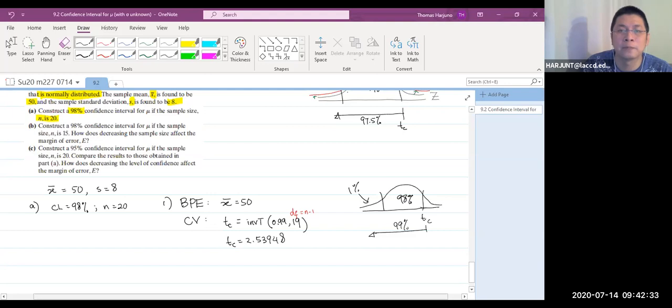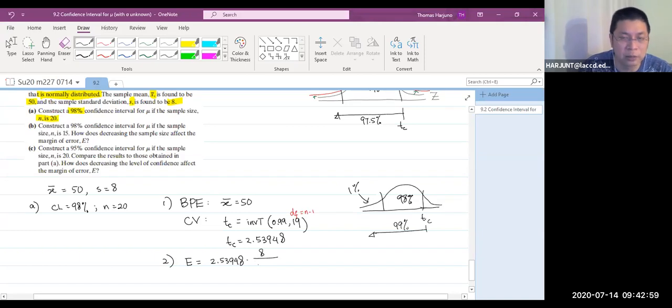Now from there, we go on with what we did before. Step 2, how about the margin of error? Margin of error will now be the critical value times standard deviation, supposed to be population standard deviation, but we replace that by sample standard deviation.